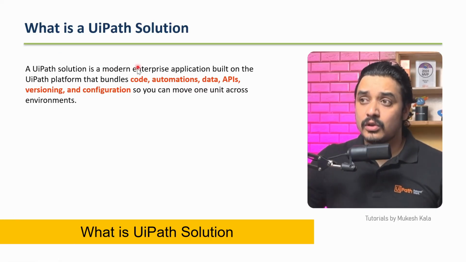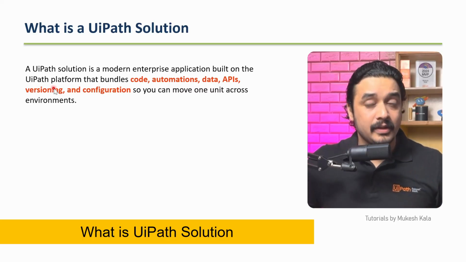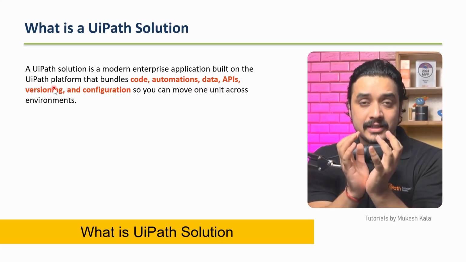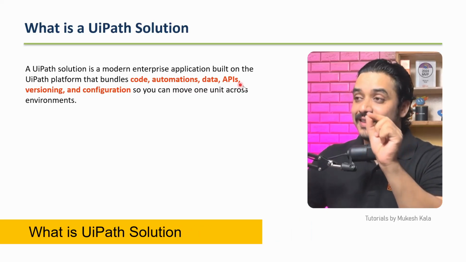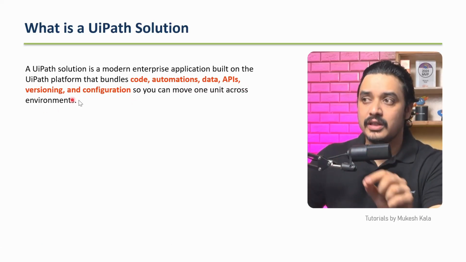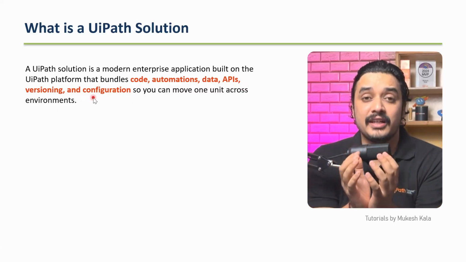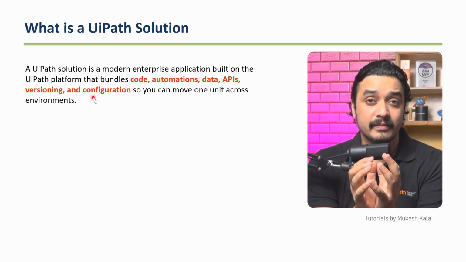A UiPath solution is a modern enterprise application built on the UiPath platform that bundles the code, the automation, the data, the APIs, the versioning, the configuration, everything into a single unit.